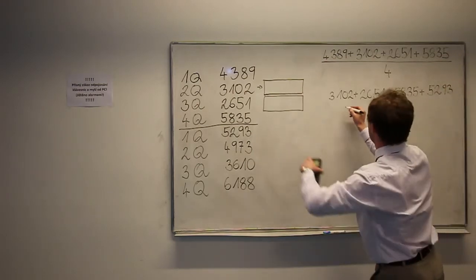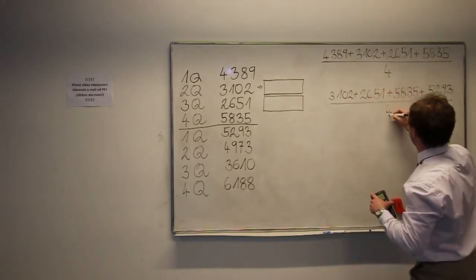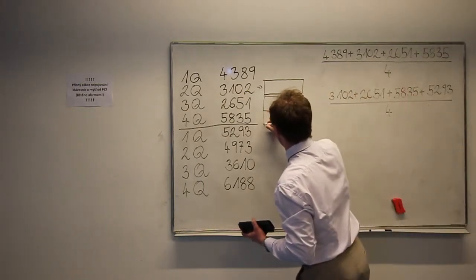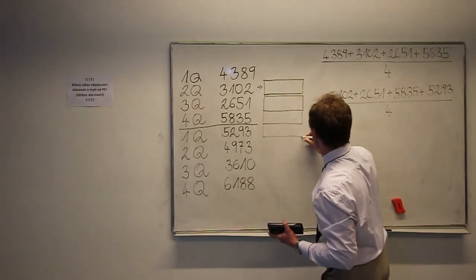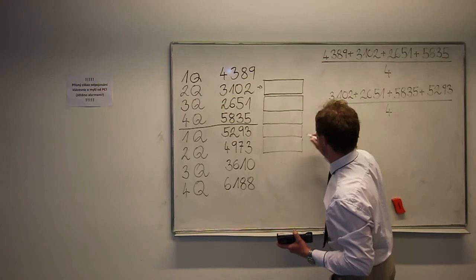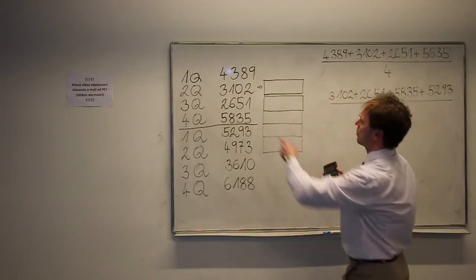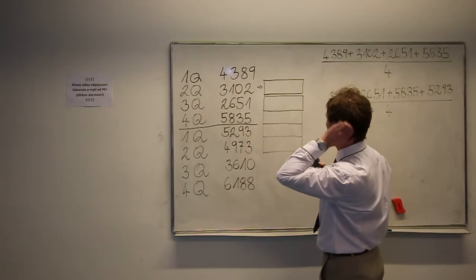And this will also be divided by 4, and we will continue as here, and here, and here. This is from this 1, 2, 3, 4, and this will be the end.